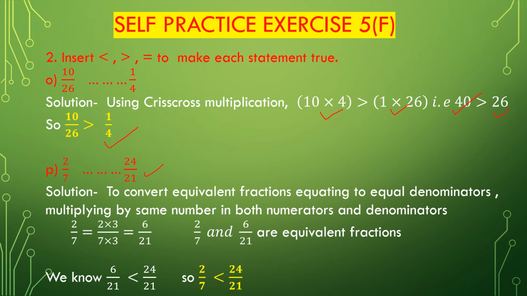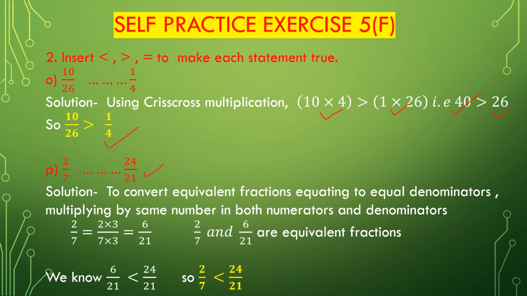To convert this unlike fraction into an equivalent fraction, equating to equal denominators, multiply by the same number with the numerator and denominator. So here LCM of 7 and 21 is 21.